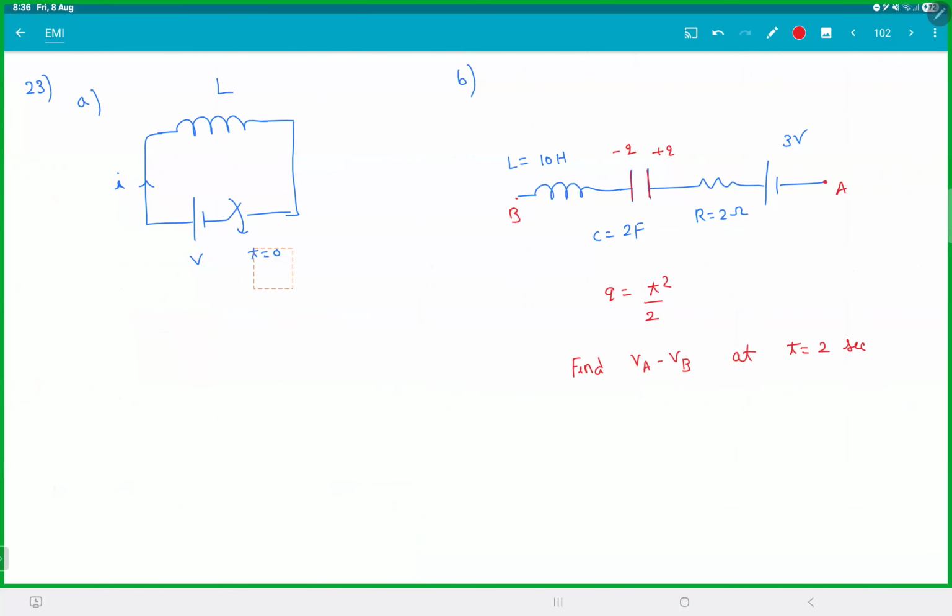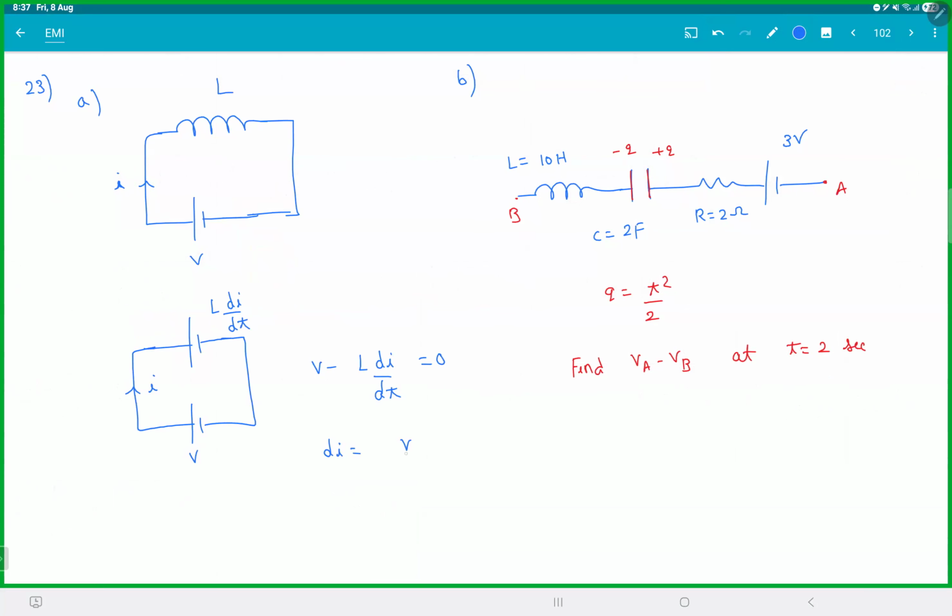So when you have an inductor, you can replace it with a battery of L dI by dt. Apply Kirchhoff's law: V minus L dI by dt is equal to 0.